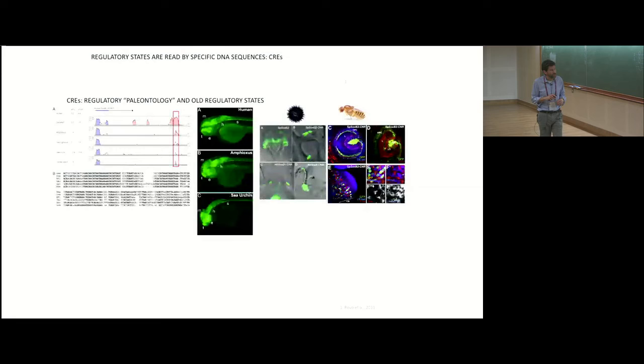All right, and here I'm just simply bringing a bit of work we did a number of years ago, which is some sort of cis-regulatory element paleontology, right? So to tell you how the study of gene expression regulation can tell you about very old events in the past. What we did was to compare the non-coding sequence across many different genomes, okay?